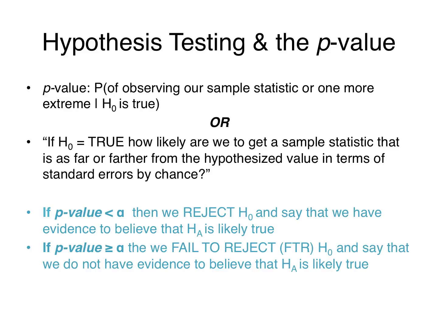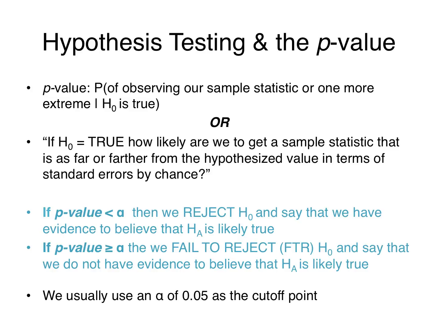If our p-value is equal to or greater than our alpha, then we fail to reject the null hypothesis and do not have evidence to believe that the alternative hypothesis is true. The alpha most often used is 0.05. So if we get a p-value less than 0.05, then we can reject our null hypothesis.